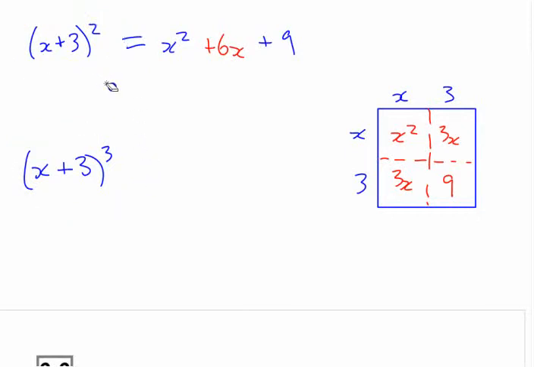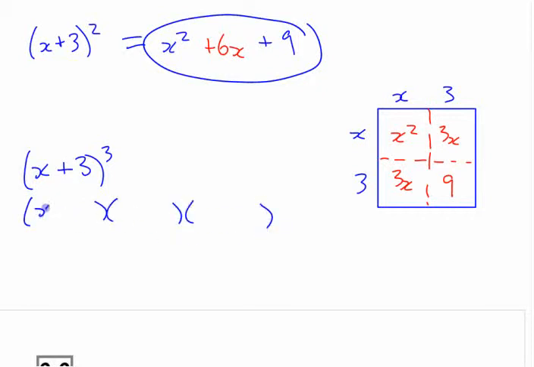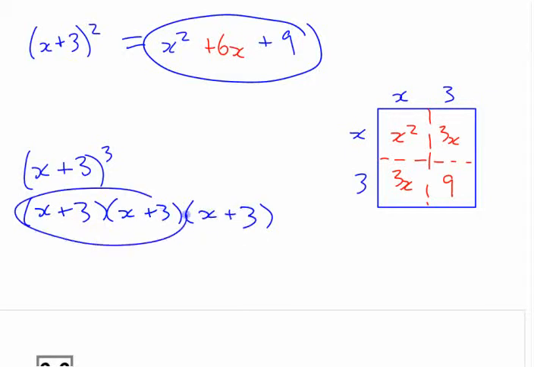Yeah, you have 3 of them, right? You have to multiply out 2 of them and then get an answer for that and multiply by the next one, if you had x plus 3 all the way across here. Because you'd have to multiply these, now we just did it up there, x squared plus 6x plus 9. And then you'd have to multiply it by this. It's going to be each of these things times each of those, all right?